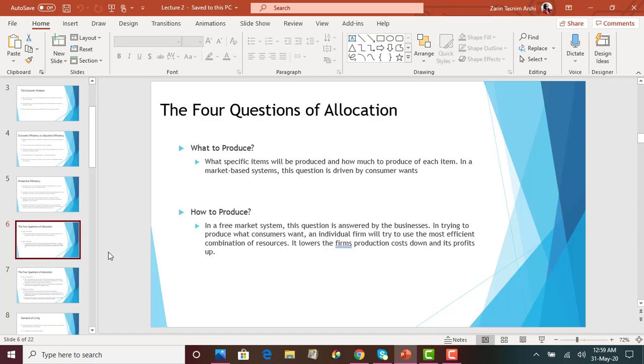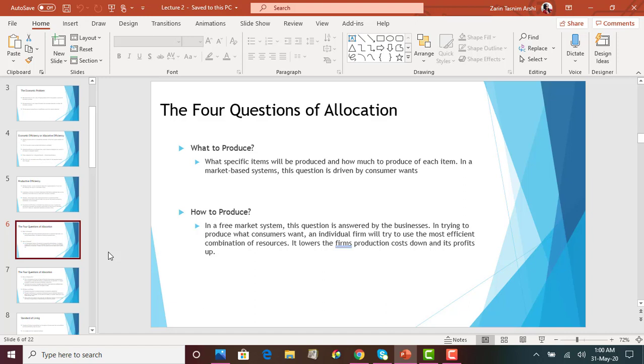The second question is how to produce. That's a question that is answered by the businesses or producers, right? Once we have determined what the demand is in the market, producers then determine how they can produce. So let's say there is a demand for leather jackets in the market now. In order to produce leather jackets, what are the resources they need?